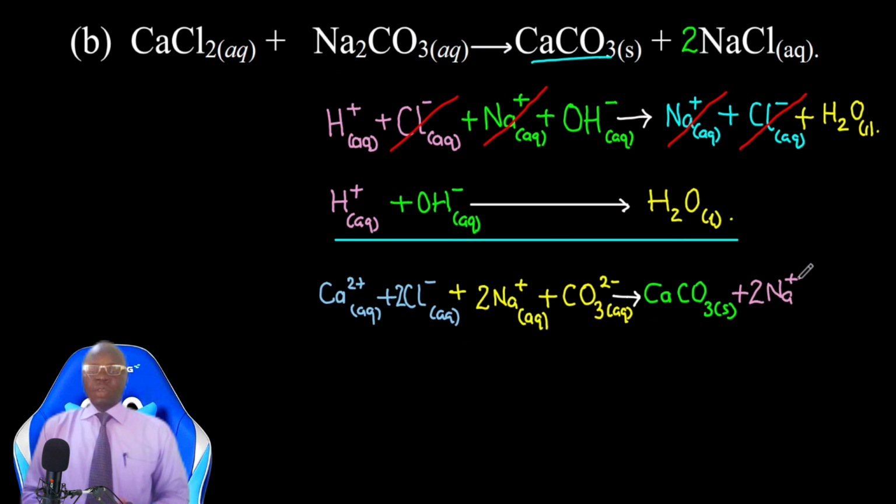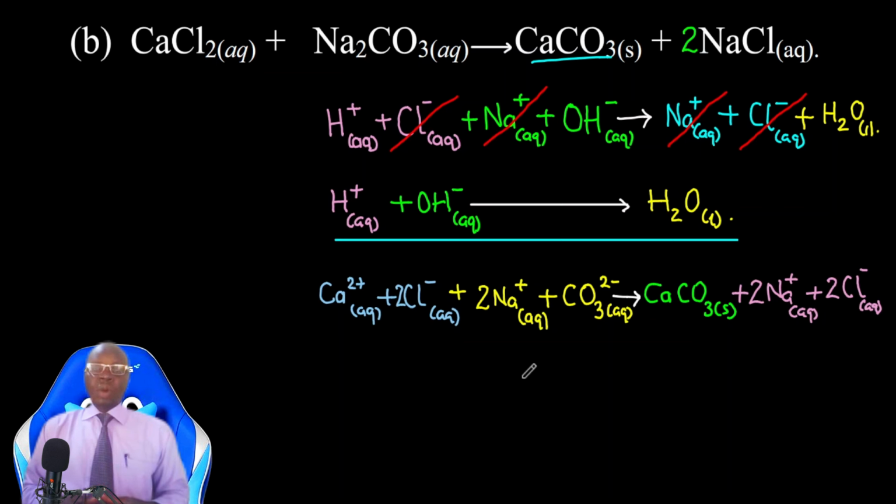Of course, the 2 will multiply this 1 ion here to make 2 ions in an aqueous form, plus 2 chloride ions, which is also in an aqueous form, and we are done with breaking these individual ions from these compounds.